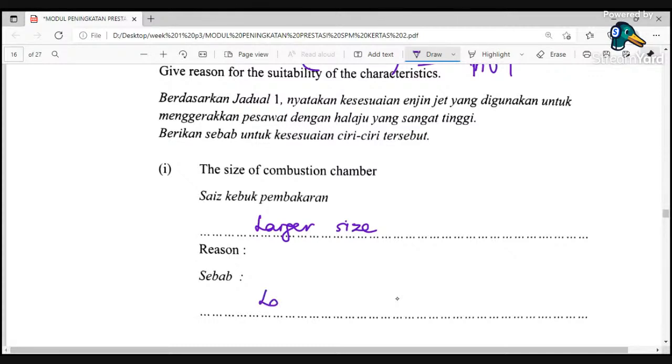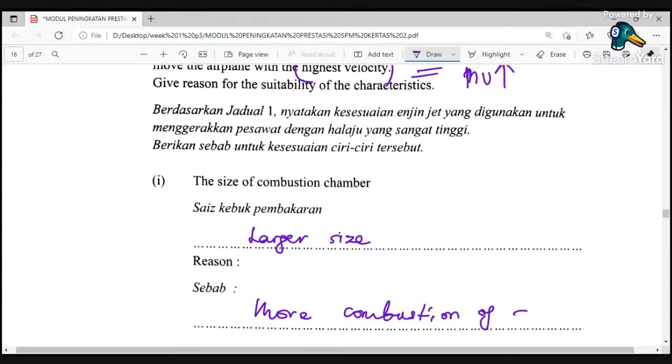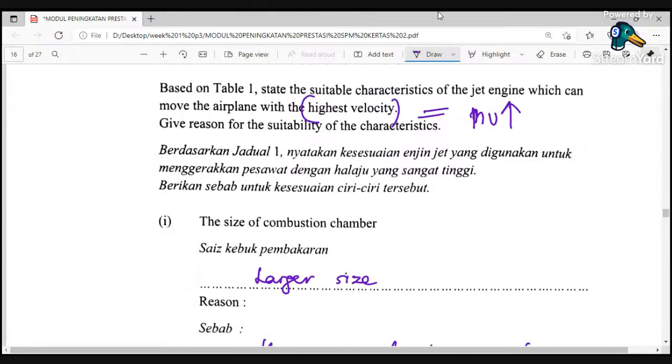Larger, or more fuel can be combusted. Lebih banyak pembakaran boleh berlaku, maksudnya boleh masuk lebih banyak bahan api lah. More combustion of fuel, bahan api, boleh pembakaran lebih banyak berlaku.